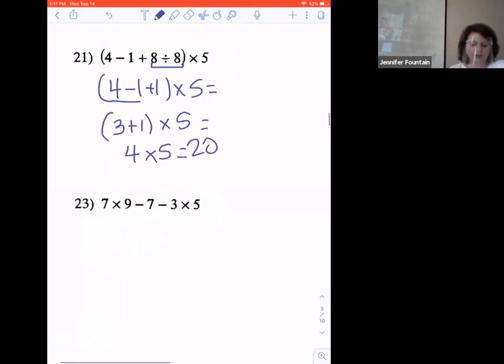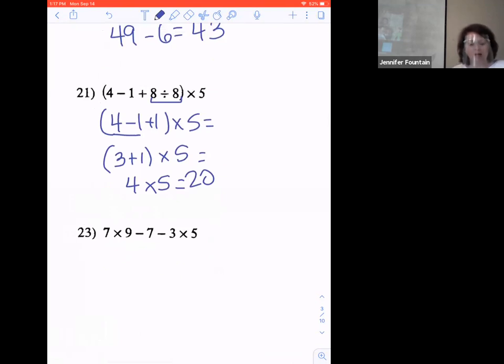All right, and the last one on this side, 7 times 9 minus 7 minus 3 times 5. I have multiplication and subtraction. Where am I going to start? Multiplication, and I'm going to start with the multiplication on the left side, going left to right. So 7 times 9 is 63 minus 7 minus 3 times 5.